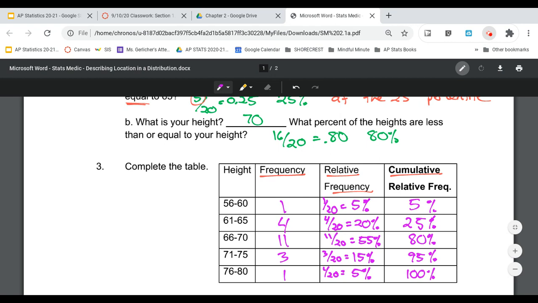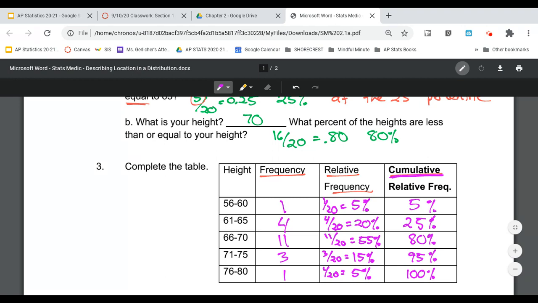Okay, so here's the rest of the table. Again, the 1, 4, 11, 3, 1. I just pulled off of the dot plot up above and just counted how many landed in that category. Relative frequency is I took that number in the frequency and divided it by 20 to get a percent of the whole. And then cumulative relative frequency was just adding up those percents as we go.